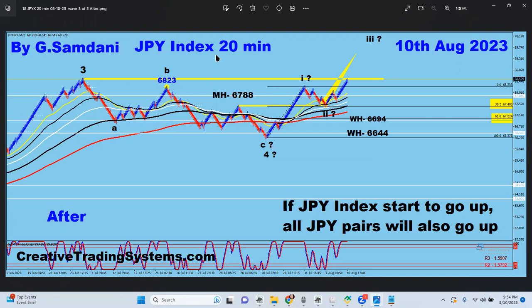For example, USD. If USD starts getting strong, then Euro USD, Pound USD, Aussie USD, and NZD USD will go down. USD CAD, USD Yen, and USD Franc will go up, right? And you just wait for the setup. I just wait for the setup. I have an alarm. When the setup is there, the alarm beeps, and I open the trade. Simple as that.